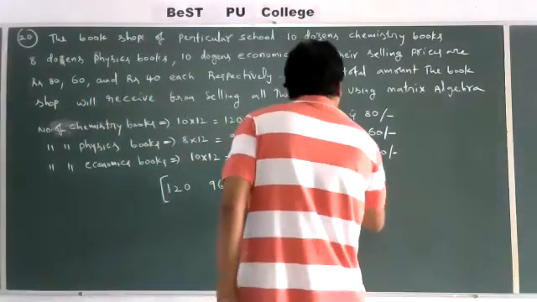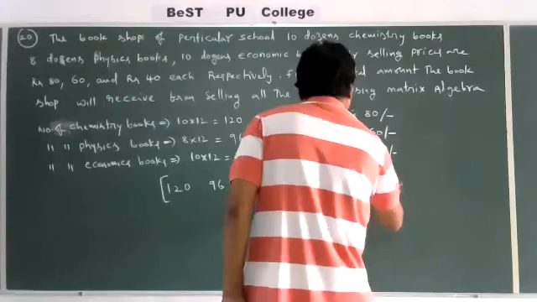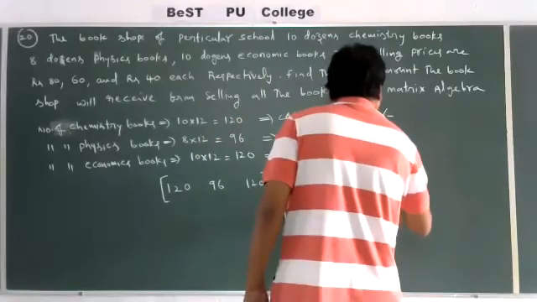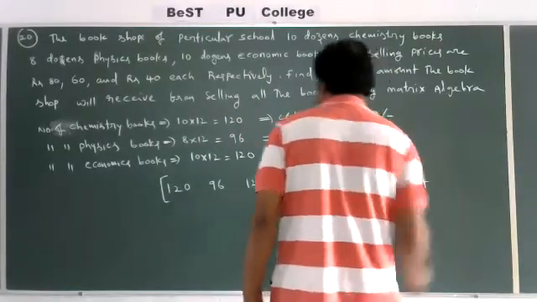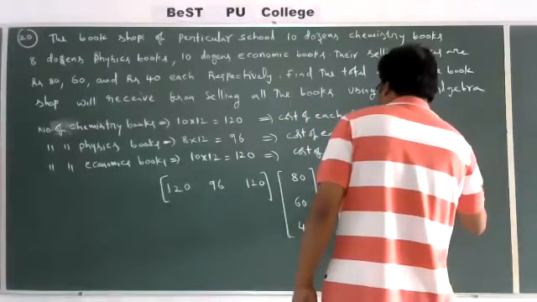That is 120 into 80 plus 96 into 60 plus 120 into 40.